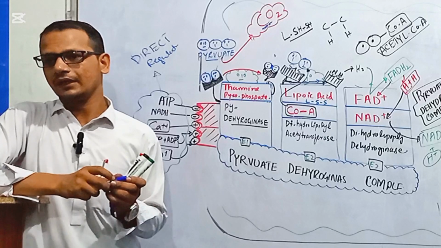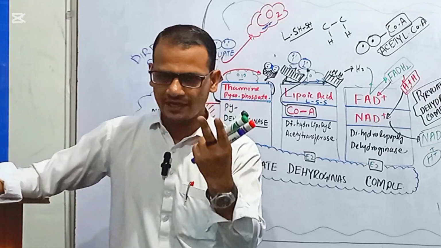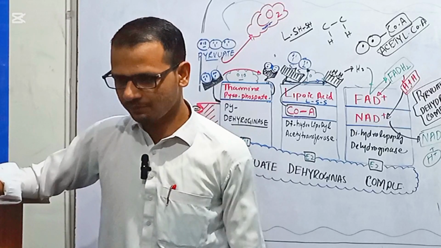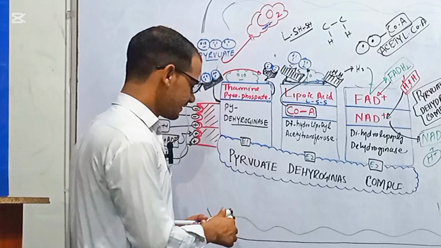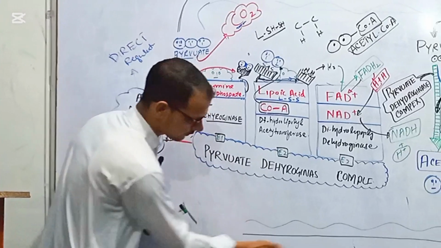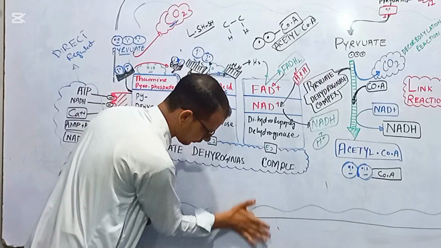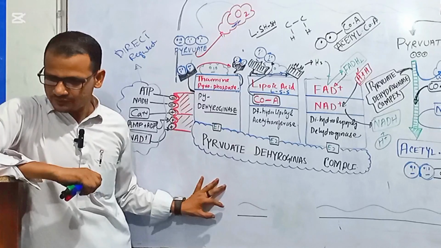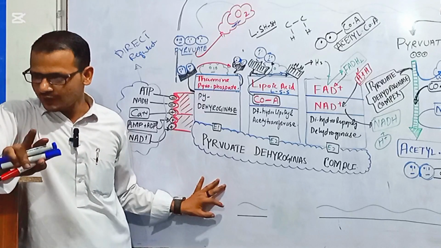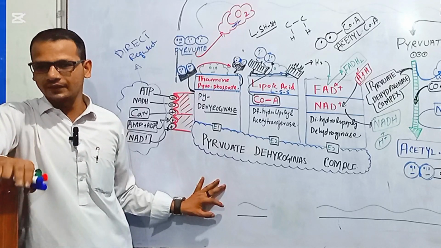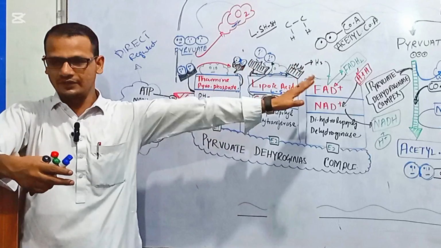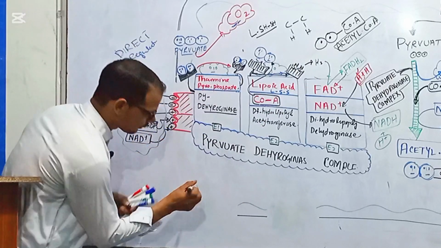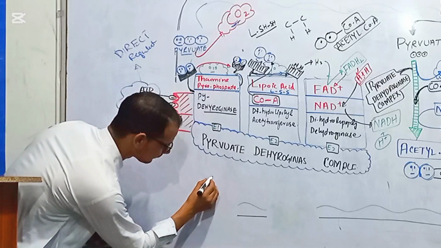There are two other very important enzymes, E4 and E5, which indirectly regulate this pathway. For example, one is standing here. There are two other enzymes which are very important, but they indirectly regulate this pathway, right?